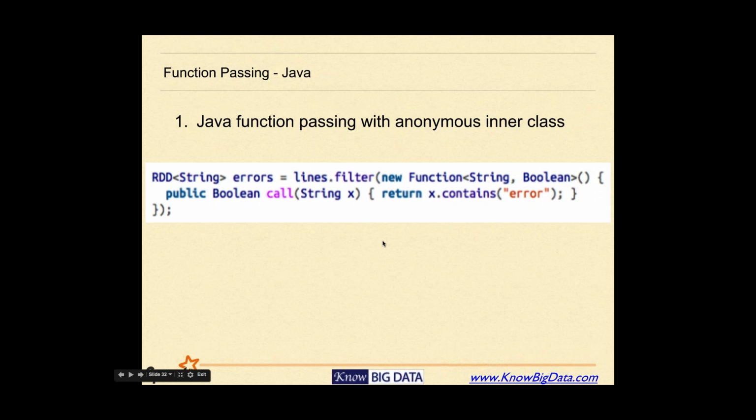Okay, if you are from a Java background, you could immediately understand this, because if you remember, we could create anonymous classes by using the new keyword on an interface or on an abstract class.